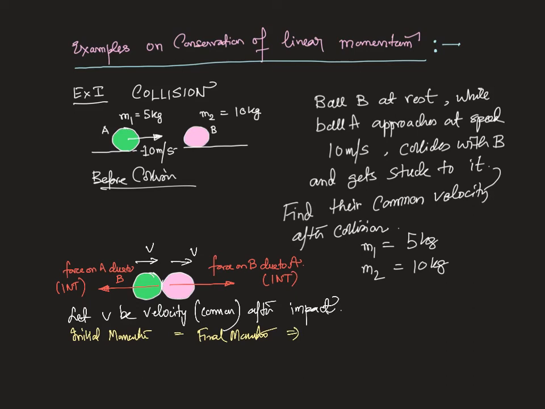That implies before collision momentum for ball A is 5 multiplied by 10, for B is 10 multiplied by 0, and now it is 5 multiplied by V plus 10 multiplied by V. That means 50 is equal to 15 times V, which implies V is equal to 10 by 3 meter per second.